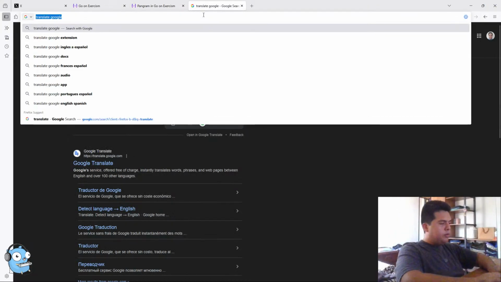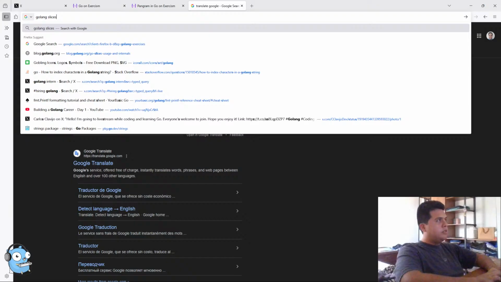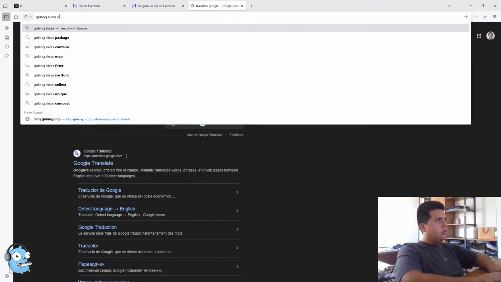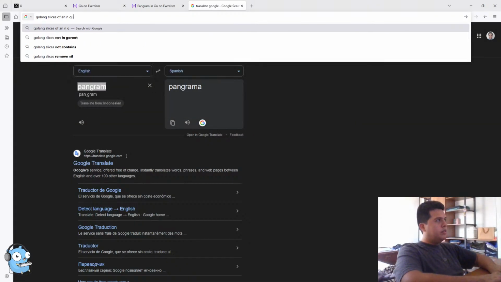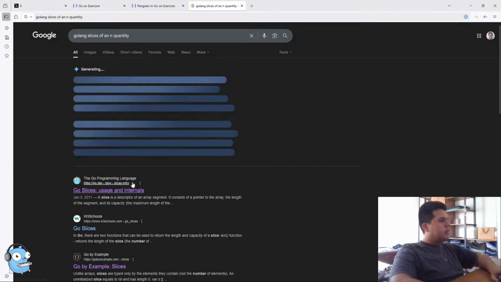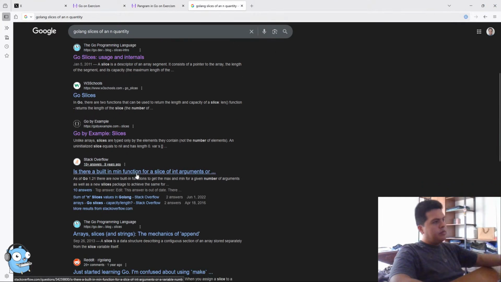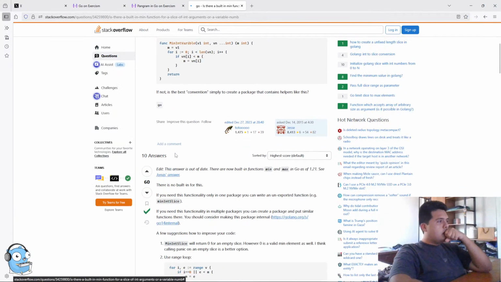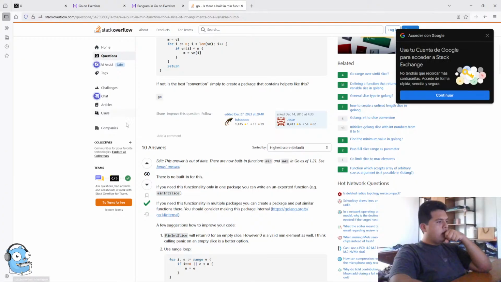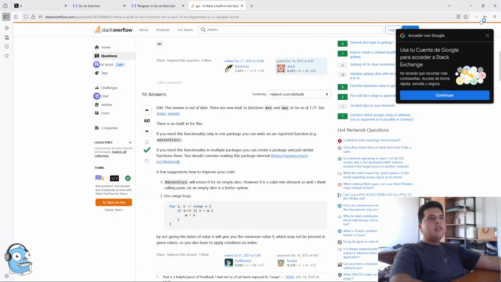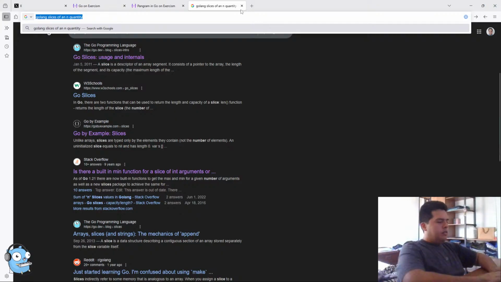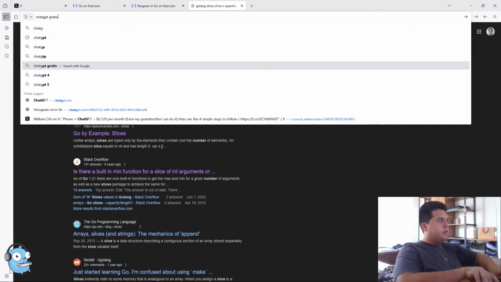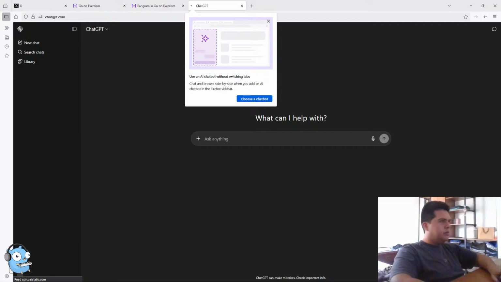So I will use Golang slices of an n quantity. ChatGPT, sorry, but ChatGPT is a great tool to learn.